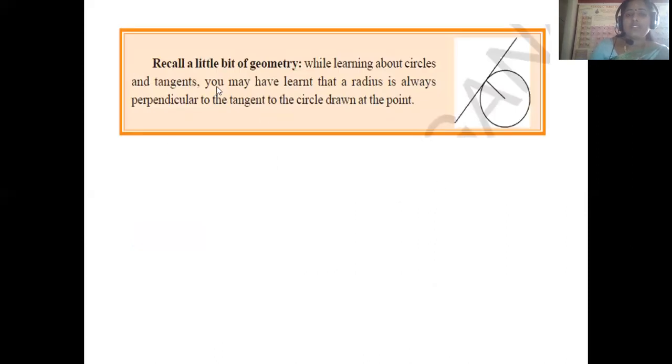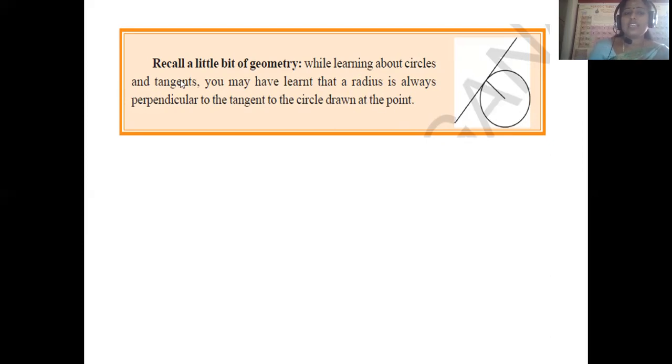Now we are going to discuss a small thing, a recall of a little bit of geometry. I am taking a spherical structure. If you draw a hypothetical line from the center to the surface, that is called the radius, denoted with small r. Small r denotes the radius of this sphere, right?